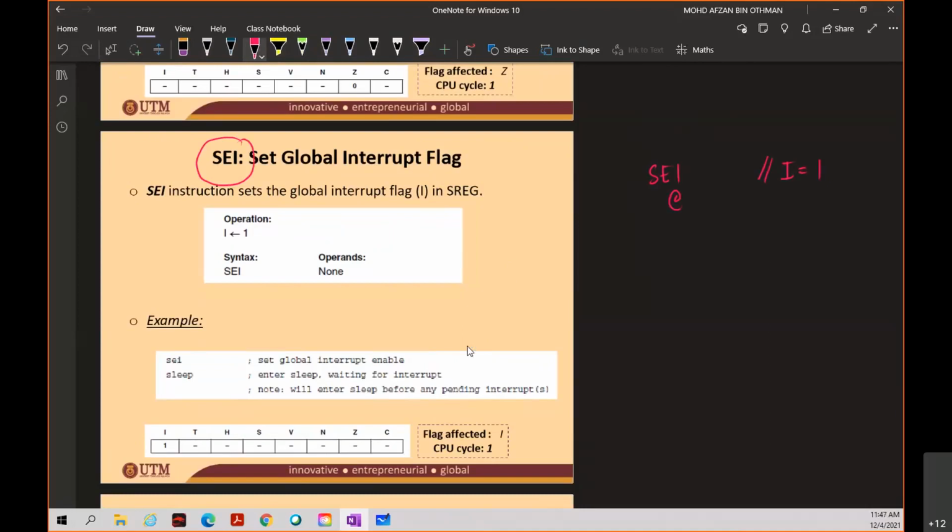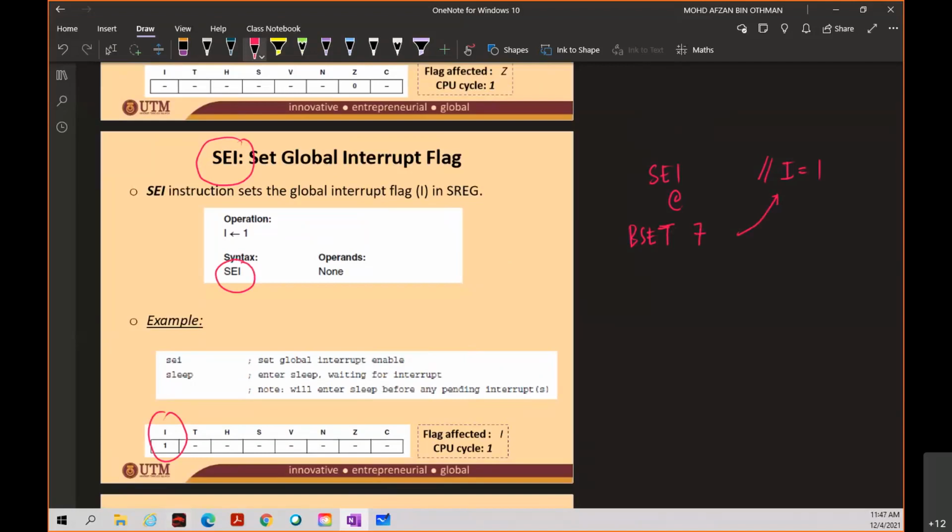Or if you're not going to use the SEI instruction, you can use another instruction called the bit set, and please make sure that the location of your I flag is correct, which is BSET 7. So automatically I equals 1. You see here, I is always 1 every time you execute the SEI instruction.